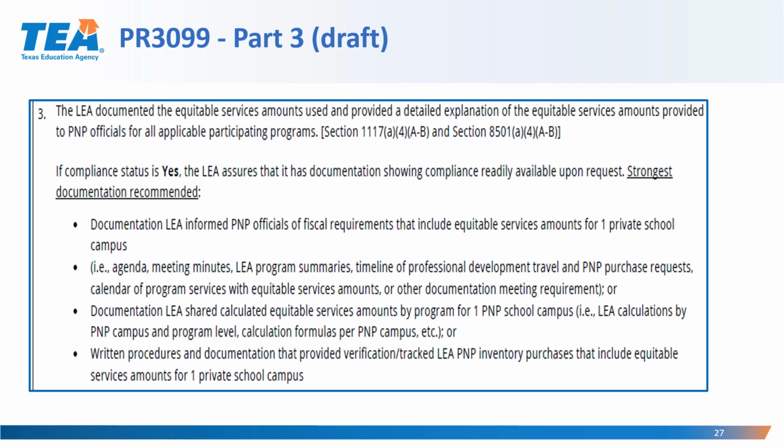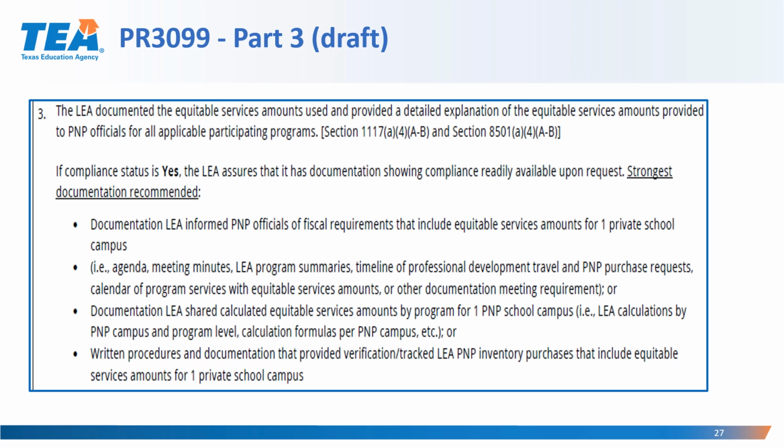For number 3, the LEA documented the equitable service amounts used and provided a detailed explanation of the equitable services amounts provided to PNP officials for all applicable participating programs. And as you can see, for Part 3, if the compliance status is yes, the LEA assures that it has documentation readily available for auditors and/or TEA.